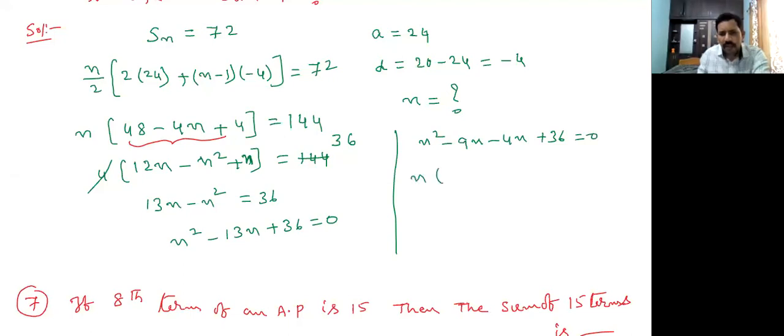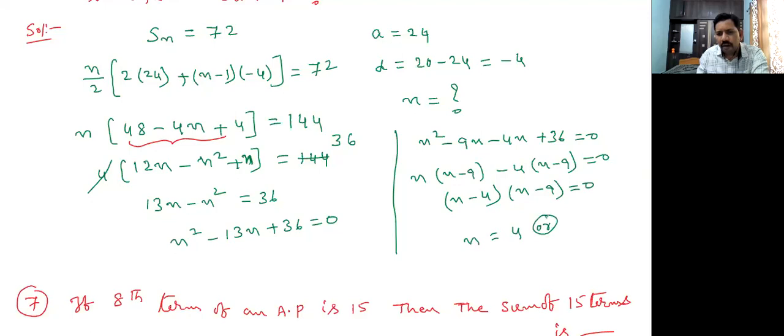So n common here, we get n minus 9, minus 4 common, n minus 9, that is equal to 0. So n minus 4 into n minus 9 is equal to 0. So the n value is either 4 or 9. In the previous one we had made a calculation mistake. Now it is correct.